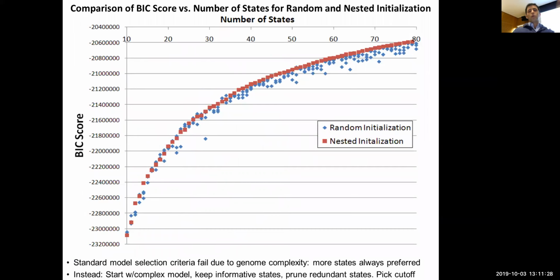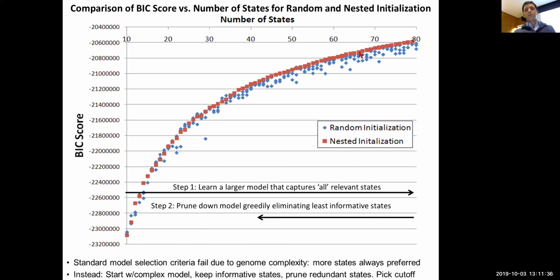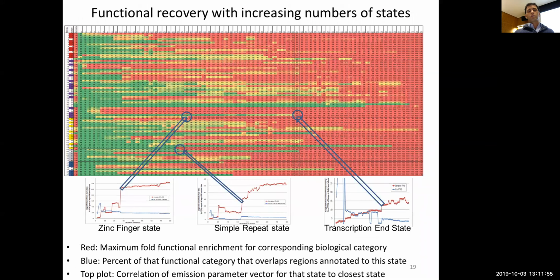And then we saw how the Bayesian information criterion was insufficient for selecting the number of states, but we could use this mixed approach, this nested initialization approach, that allows us to first learn a very large model that captures all of the interesting states, and then prune off the ones that were redundant with each other, therefore keeping all the interesting things but none of the redundant things that come with larger spaces.